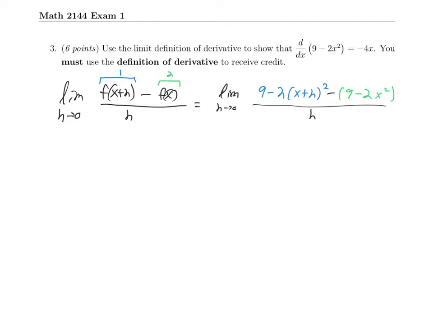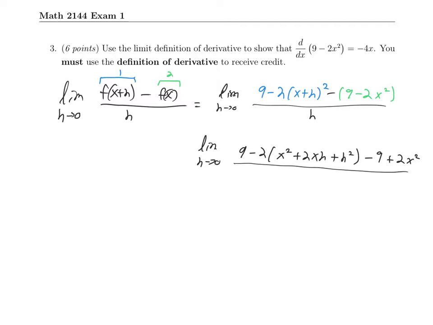So what we should have is the limit as h approaches 0 of 9 minus 2 times x squared plus 2xh plus h squared, minus, and then 9 minus 2x squared turns into minus 9 plus 2x squared when I distribute that negative, all divided by h.